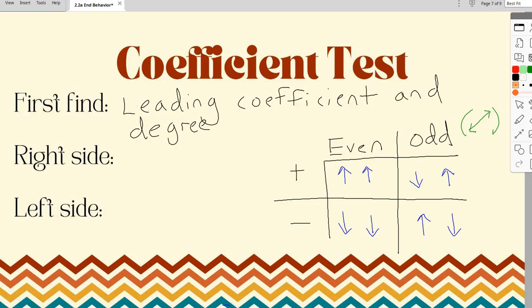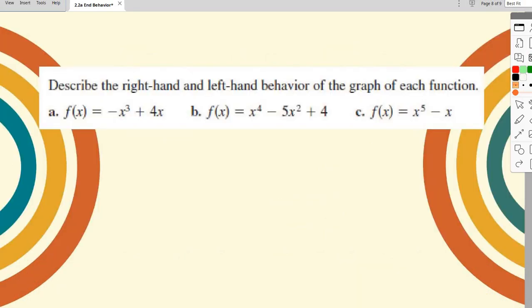Okay. So let's look at one last example with those. On this first one, what is our leading coefficient? Negative 1. What's your degree? 3. So that means it is an odd function, so they're going to be opposite.